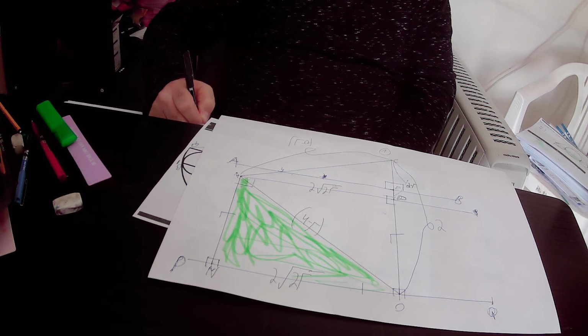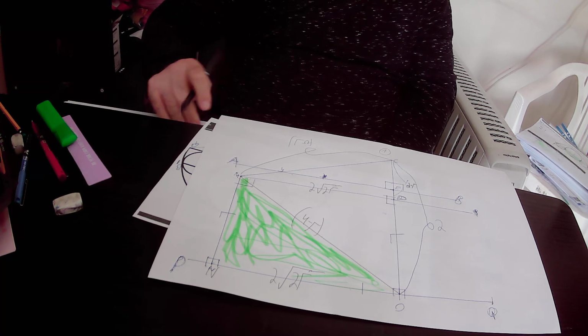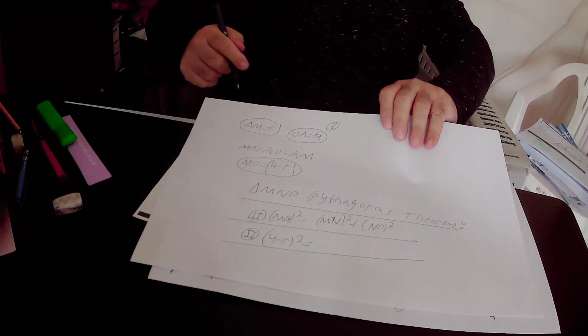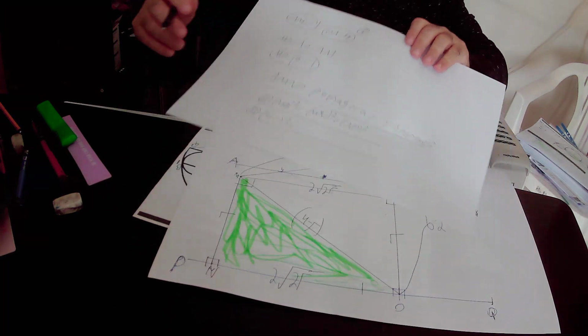MO squared is 4 minus R squared. Again, MO square is 4 minus R square.